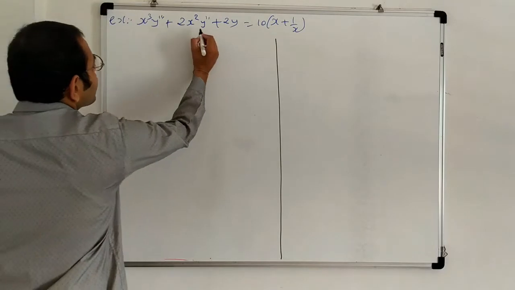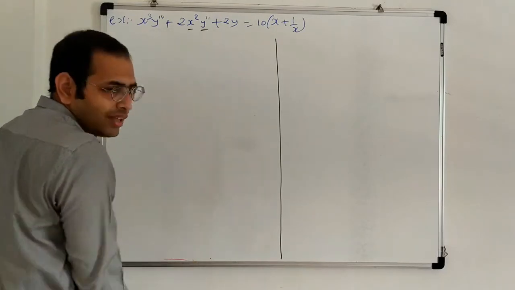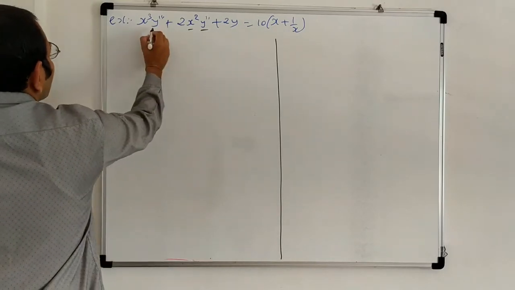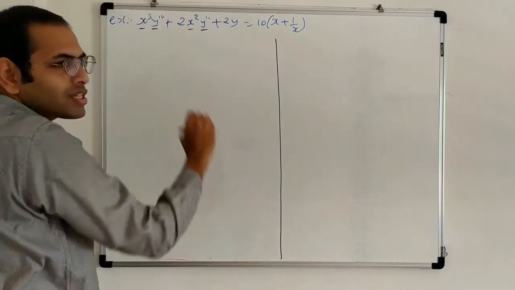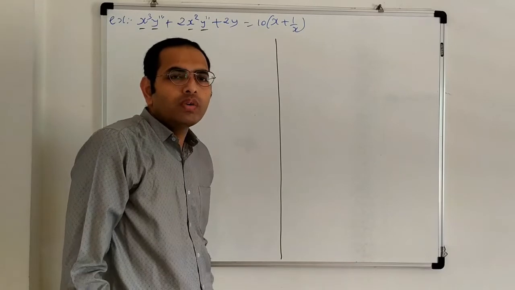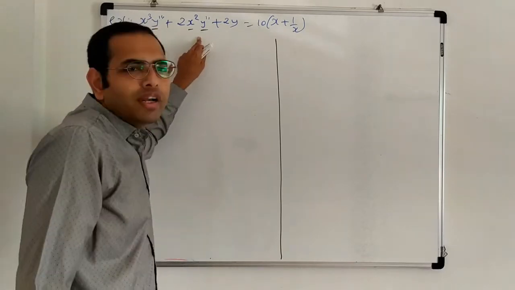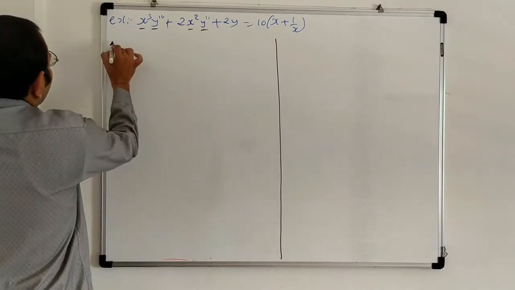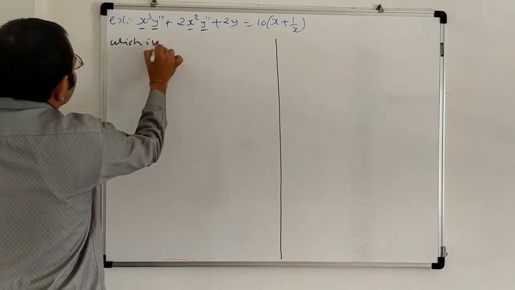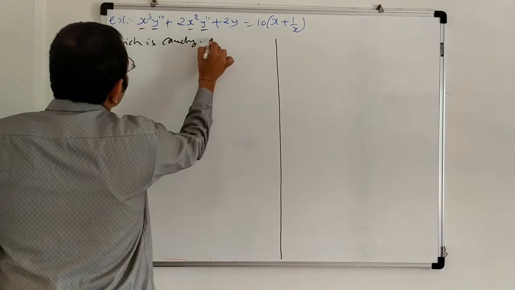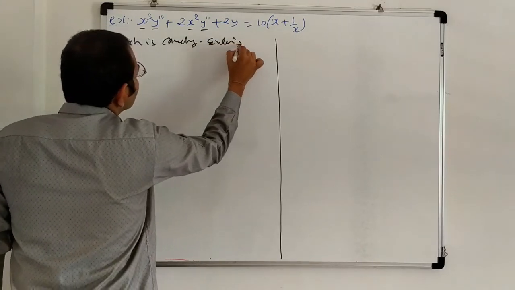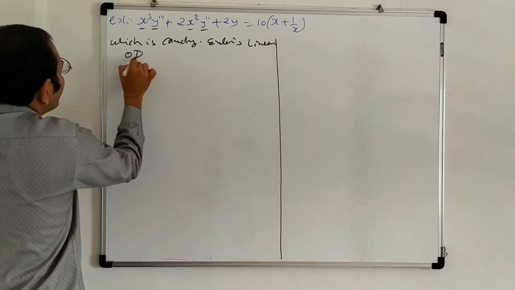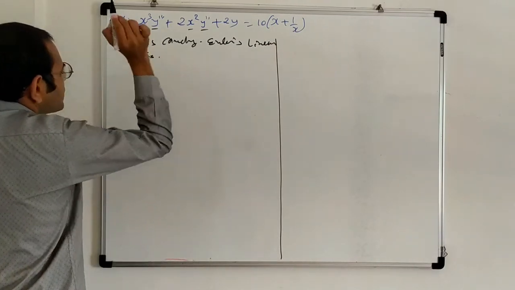Here two times differentiation must be multiplied with x square, the single derivative term is not present, and three times derivative must be with x cube. So we can say that the given differential equation is Cauchy-Euler's linear ordinary differential equation.